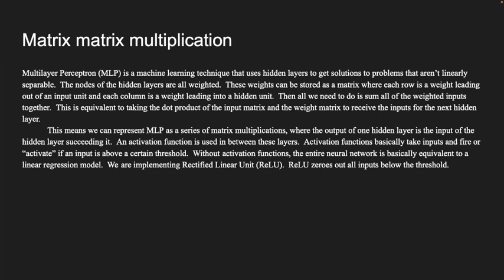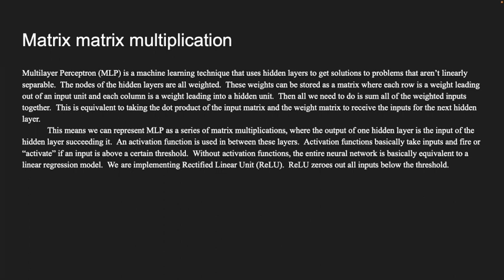All we need to do is sum all the weighted inputs together and take the dot product of the input matrix and the weight matrix. So this means we can just represent the entire thing as a series of matrix multiplications.